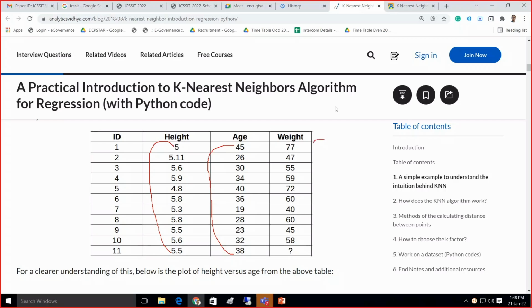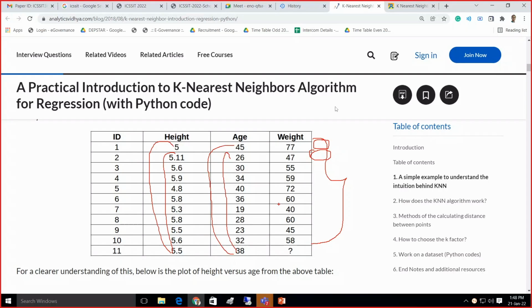Then for the second row, the square root of (5.5 minus 5.11) whole square plus (38 minus 26) whole square. Similarly, you will do it for all 10.